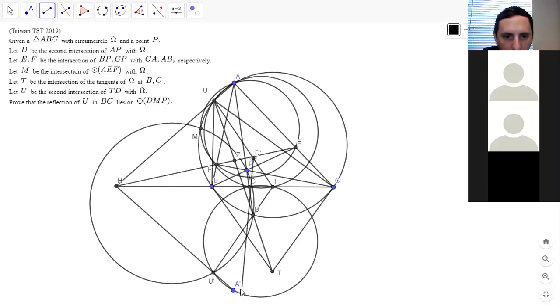And these are collinear. Okay, so we want to show angle MPA is equal to angle MU prime D. Is that right? I think so.